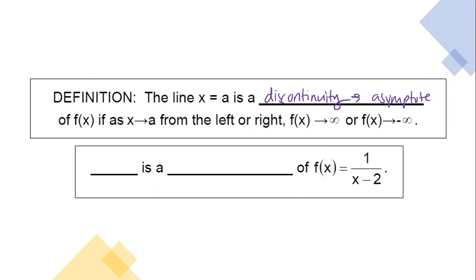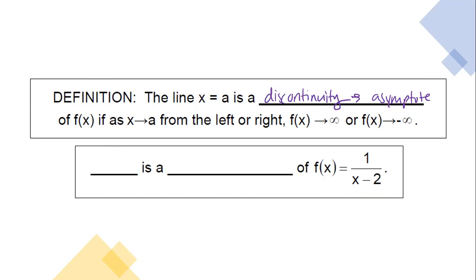So they're not approaching the same value. Because normally when you're graphing at 2, it's a value, right? It's a set value. But if I don't have a value, there's something causing a problem. A discontinuity can be a hole, a gap, or an asymptote in your function.